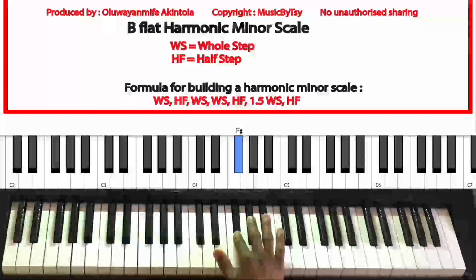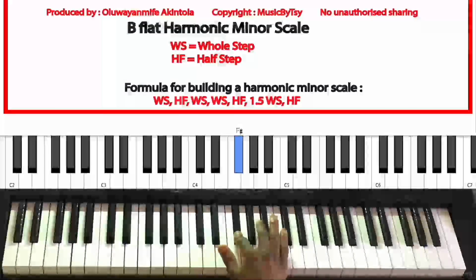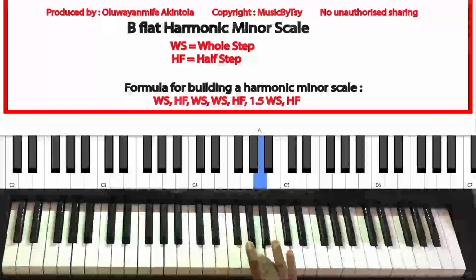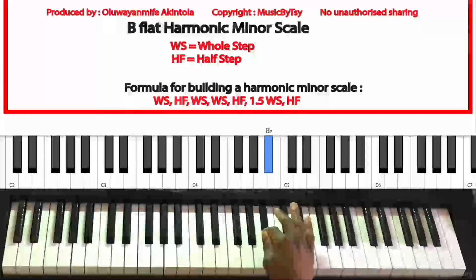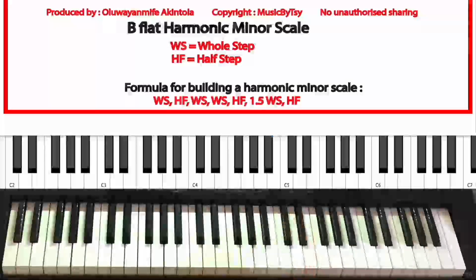But because we are building the B flat harmonic minor scale, the seventh note is going to be higher by a half step. So the seventh note is going to be the key of A and not the key of A flat. And we are going to finish at the key of B flat. So yeah, that's it. That is the B flat harmonic minor scale.